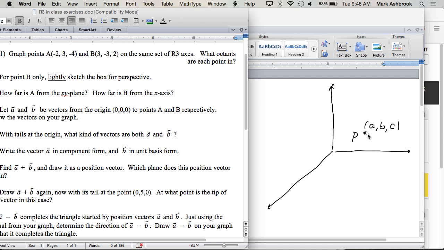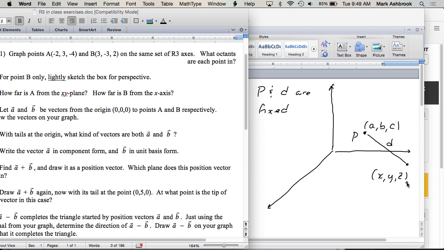Call it D. So P and D are fixed. P represents a point. D represents a number, a distance. These are variable. These are every single point in space that are D units away from point P.